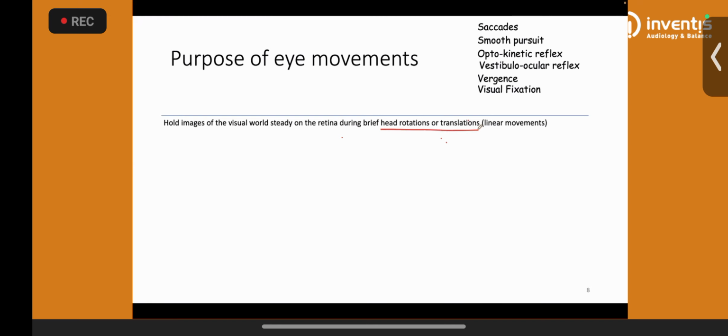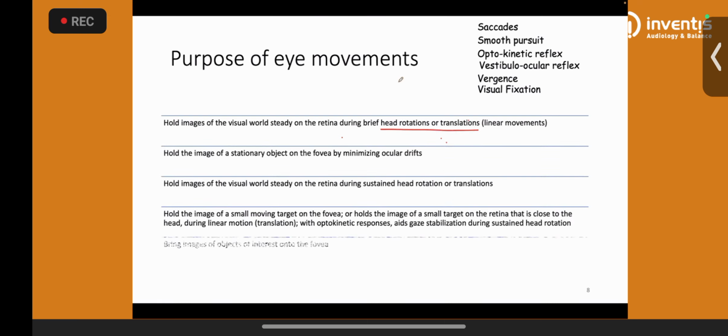That is brought about by the vestibulo-ocular reflex.